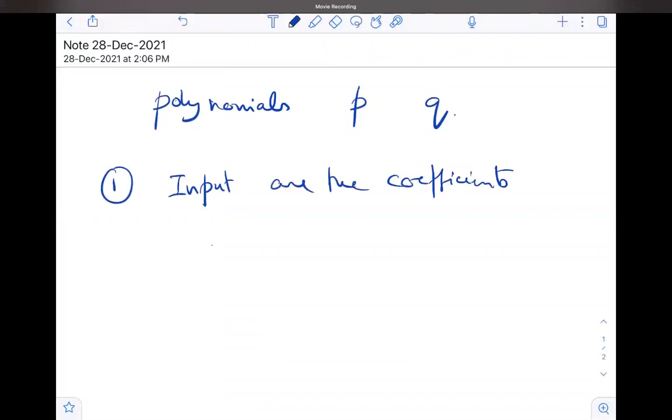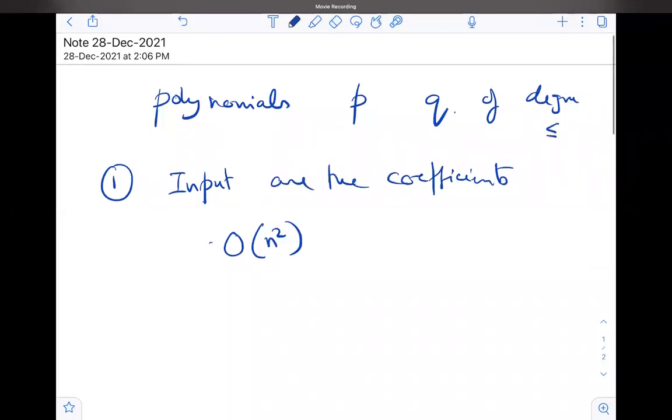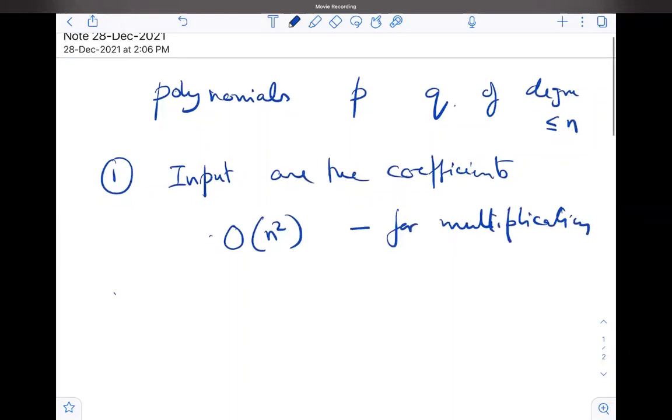Then you told me that the multiplication takes order n square, for degree less than or equal to n. So that is one thing that you told.